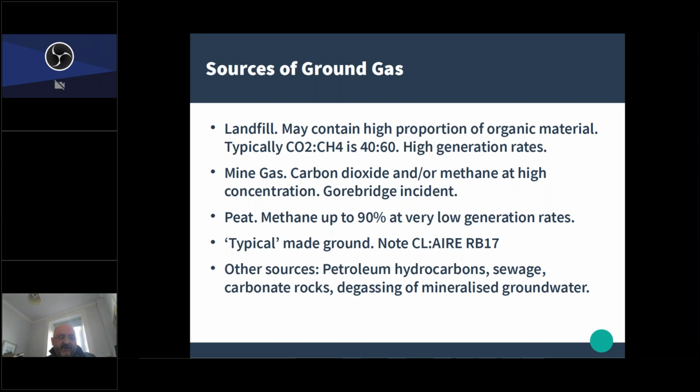So with landfill gas, with mine gas, peat, sometimes it can produce really very high concentrations of methane, maybe up to 90%. But it tends to occur in pockets where it accumulates, and the rate of production tends to be pretty slow.